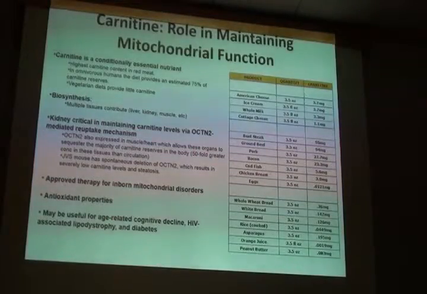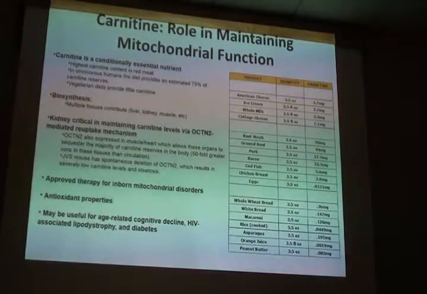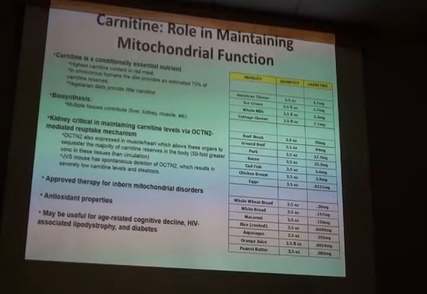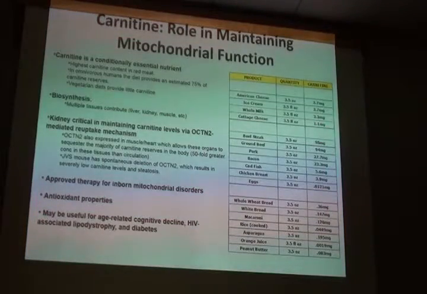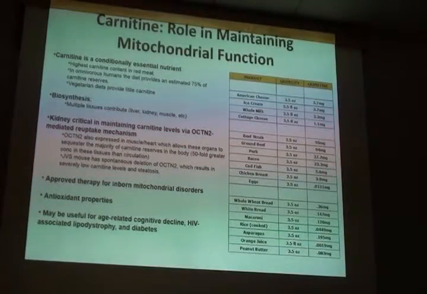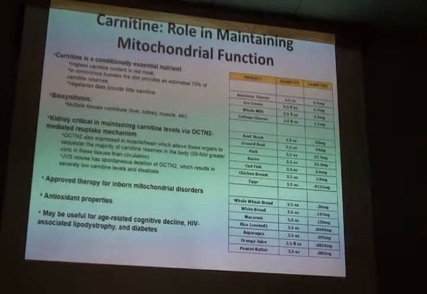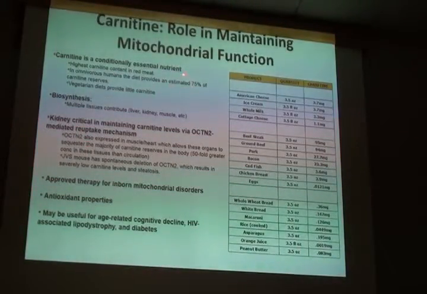I don't know how many people are familiar with carnitine, but it's considered to be a conditionally essential nutrient. It's conditionally essential because we do have the capability of producing it, but we also get most of our carnitine through the diet. For omnivorous humans, we get about 75% of our carnitine reserves through the diet.